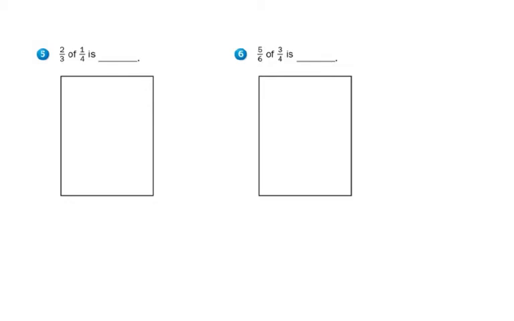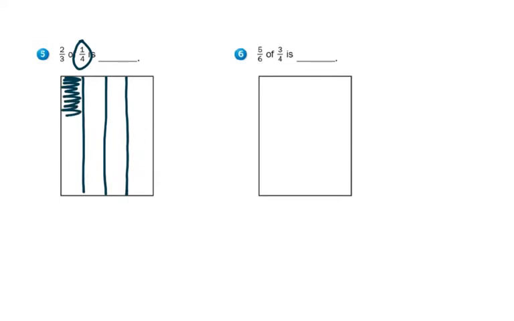Number 5, 2/3 of 1/4. The first thing we have to do is divide it into 4 equal parts: 1, 2, 3, 4, shade in 1/4. Now I can go back and look at what 2/3 is. So now I need to divide that into 3 equal parts: 1, 2, 3, and shade in 2 out of the 3, only the shaded ones we're talking about.